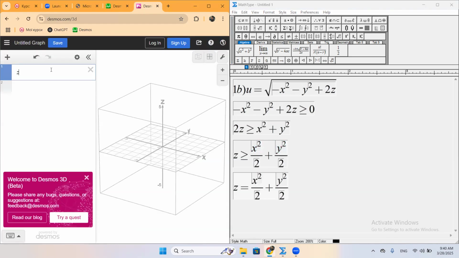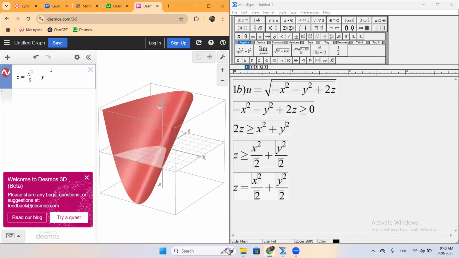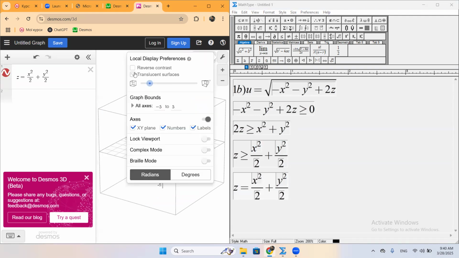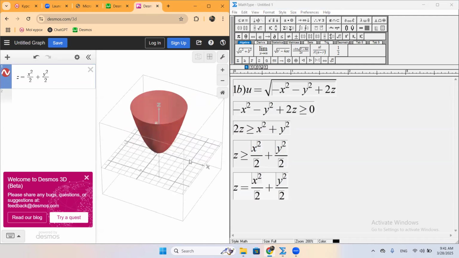So okay, if I plot the paraboloid, x square by 2 and y square over 2, I have such a paraboloid. Let me make it transparent.